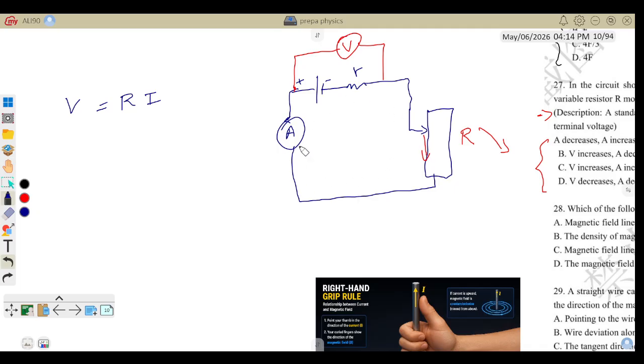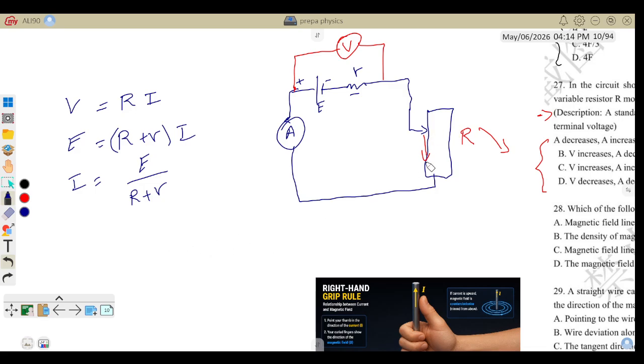For this circuit we have two resistances, the small r and the capital R. That means the electromotive force E would be r plus R, all multiplied by I. So I would be the electromotive force divided by the total resistance of the circuit.